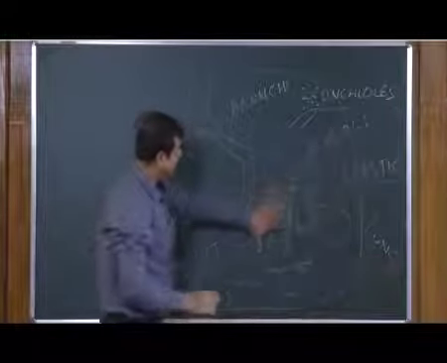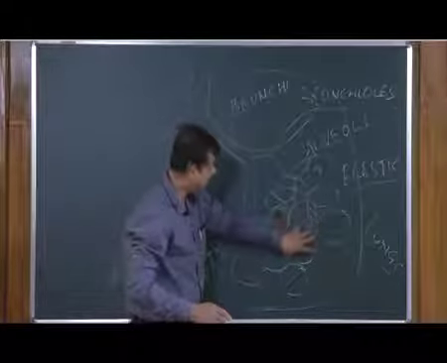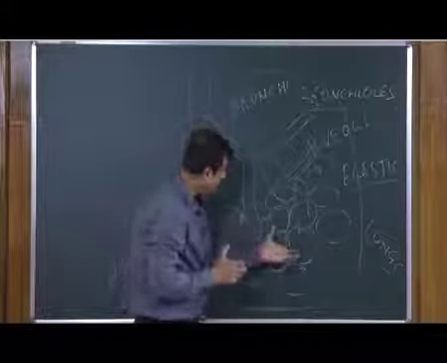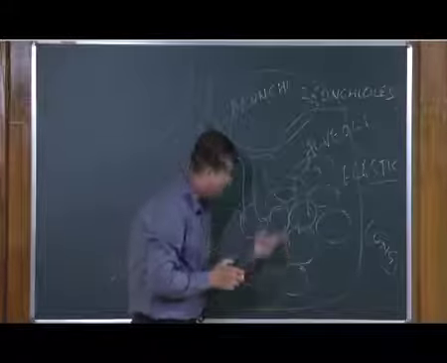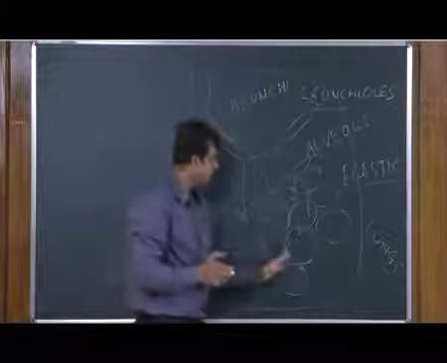These are specialized structures, and the alveoli is the terminal point where we need to understand the exchange of gases. Now we will see what is happening exactly at the level of alveoli where the exchange of gases takes place.